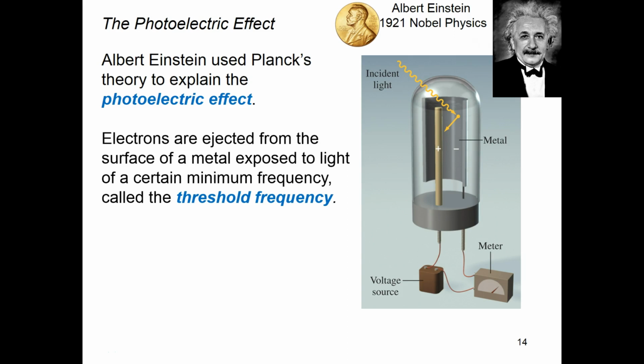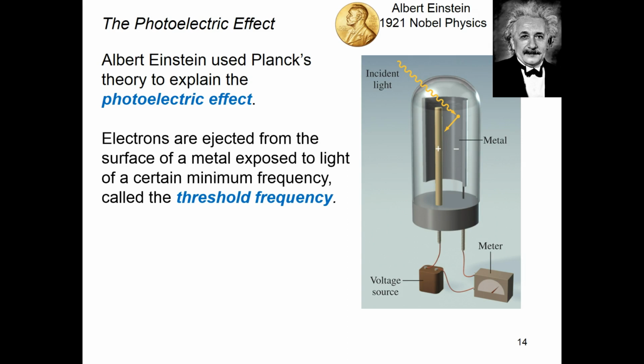But as soon as those individual photons have sufficient energy in and of themselves, you can cause an electron to be ejected. This is the photoelectric effect. I wish they called it the photon-electron effect, but they didn't. It's the photoelectric effect. A photon strikes the metal or semiconductor and it causes an electron to be ejected.